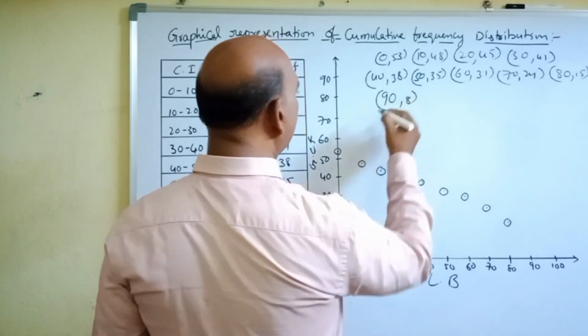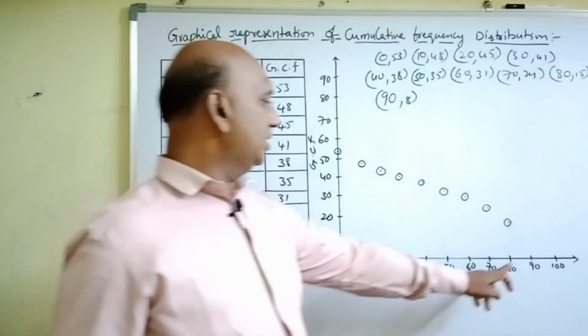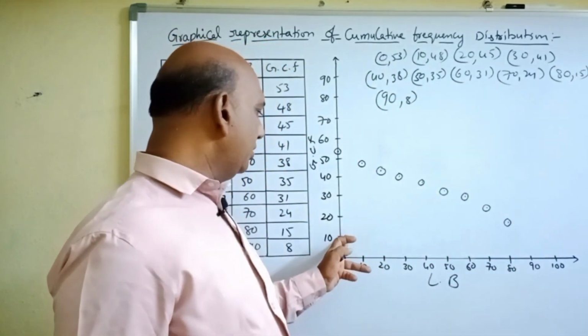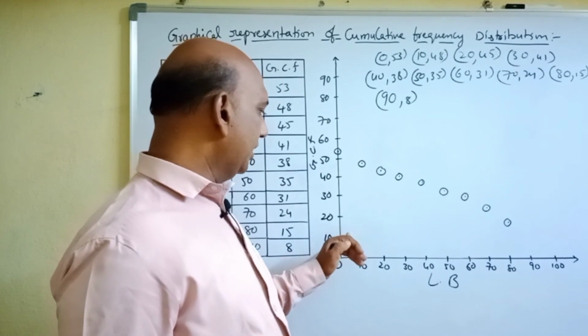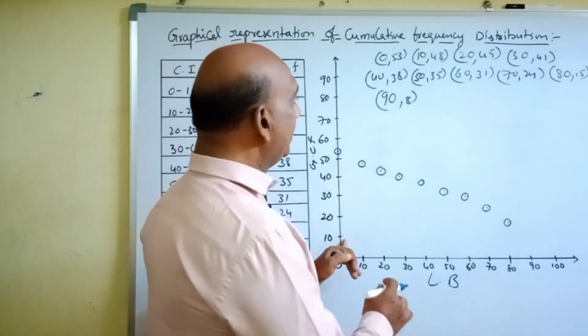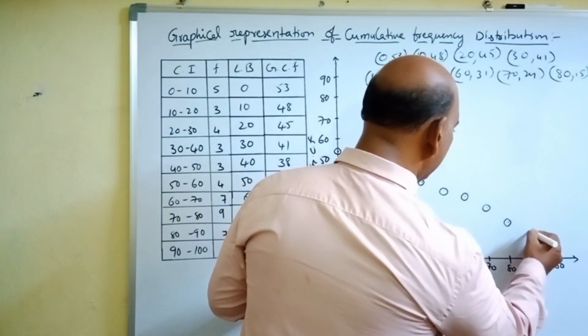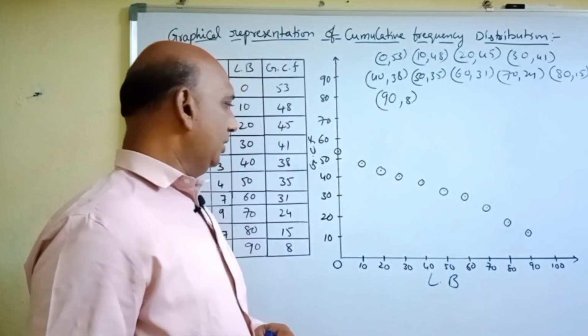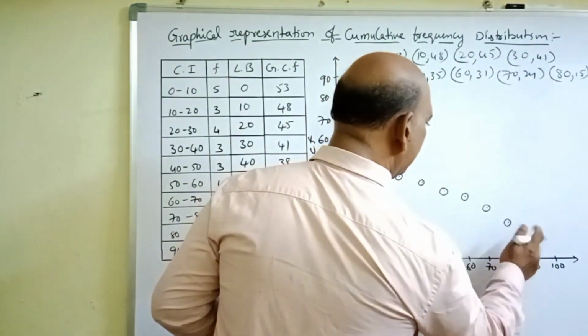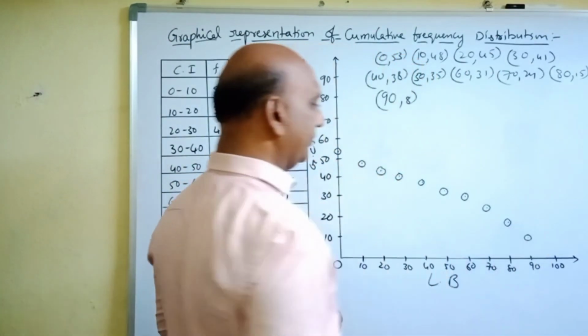This is 90 and 8, meaning just below the 10 after two lines, that is 8. So 90 and 8, the point of intersection of these two perpendicular distances you will get here, like this.